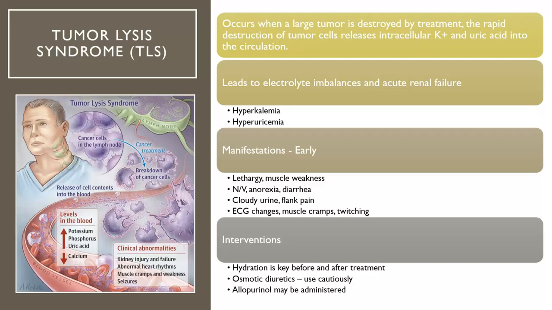So it's going to lead to electrolyte imbalances and acute renal failure. You're going to see high potassium, high uric acid. So manifestations: lethargy, muscle weakness, nausea, vomiting, diarrhea, cloudy urine, flank pain because the kidneys are overworking. You're going to see cardiac changes, muscle cramps, twitching, so dysrhythmias.